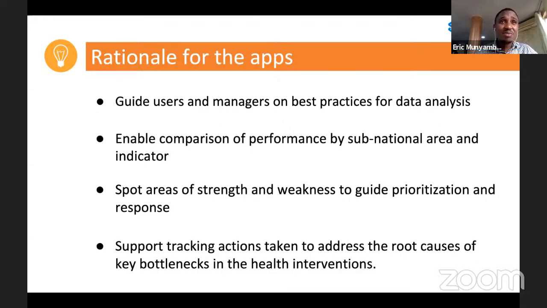The bottleneck, as it sounds, looks at gaps in implementing different interventions. The app helps us to spot those areas where we have challenges and guide prioritizing areas of focus in planning and response, both at national, subnational, and also at facility level, as we will be discussing.